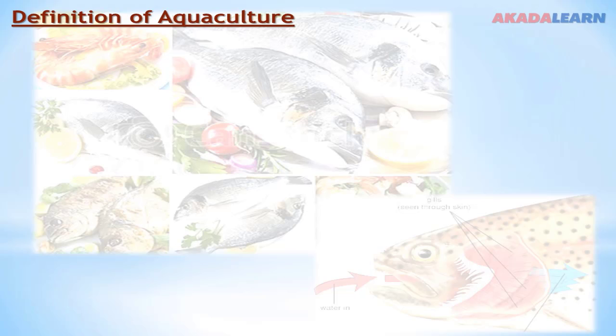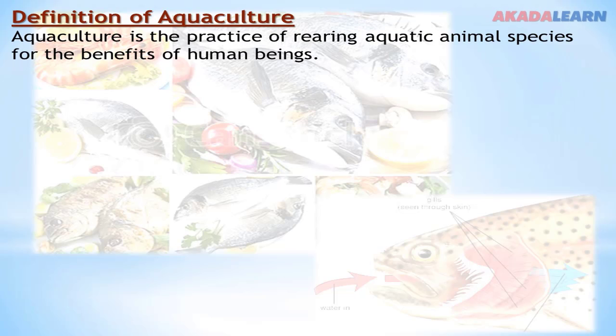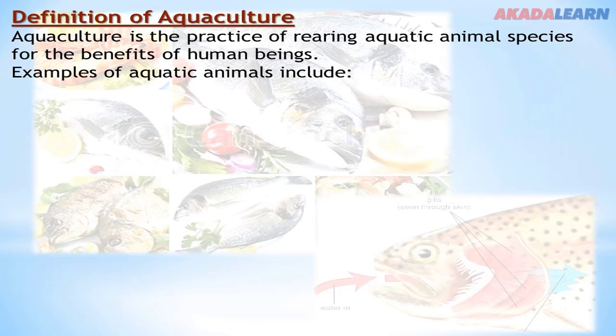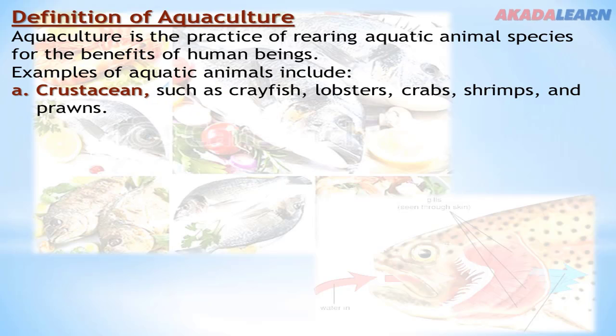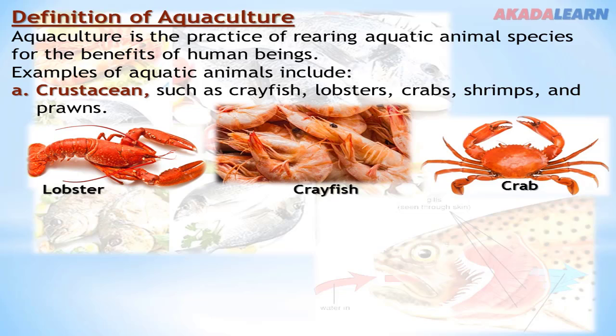Examples of aquatic animals apart from fish are: A. Crustaceans such as crayfish, lobsters, crabs, shrimps and prawns.